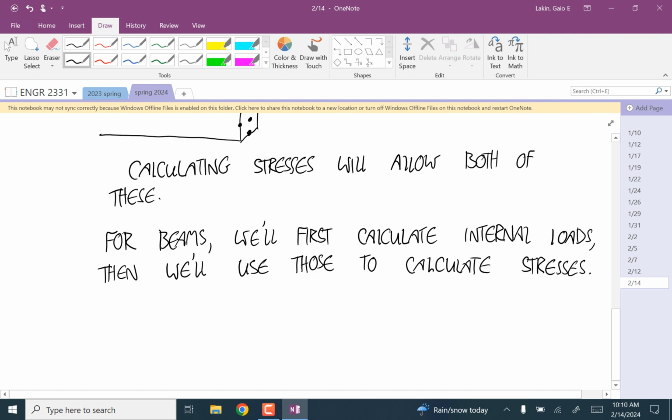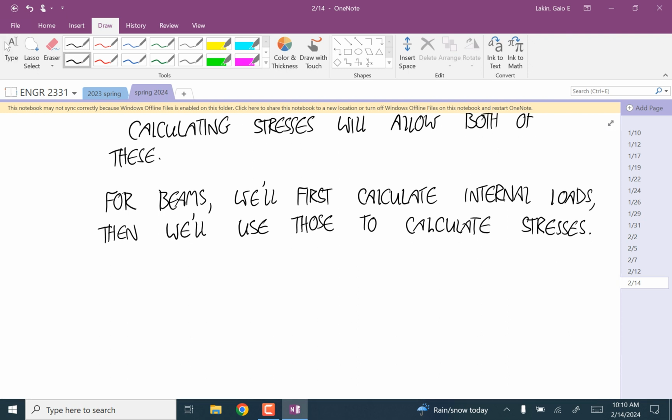One thing that's different now that we didn't talk about in statics is torque. That's a pair of couples in opposite directions along the long axis of the beam. We could have done it in statics, but we didn't because people normally don't.